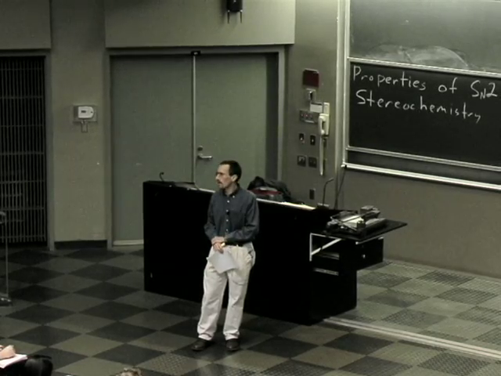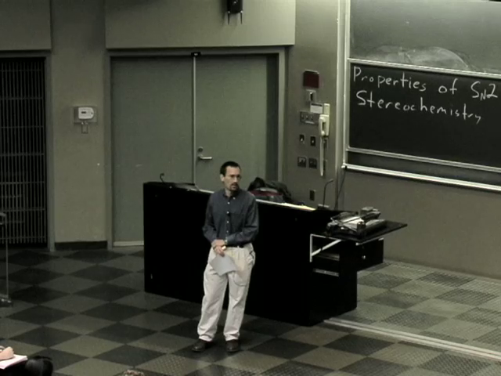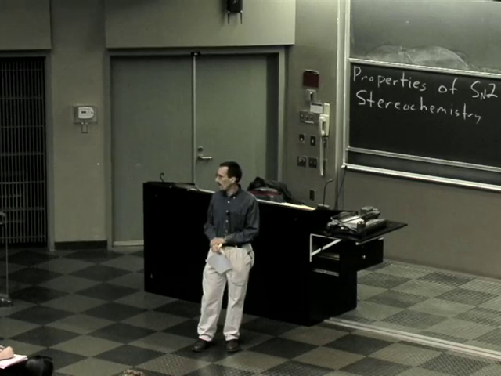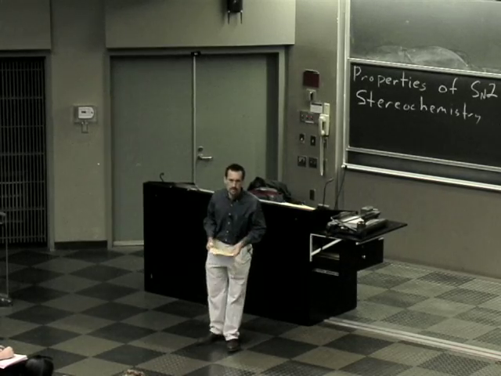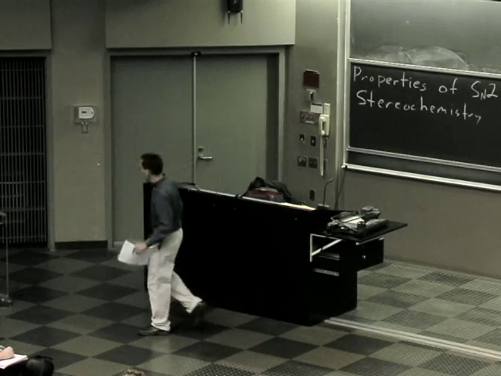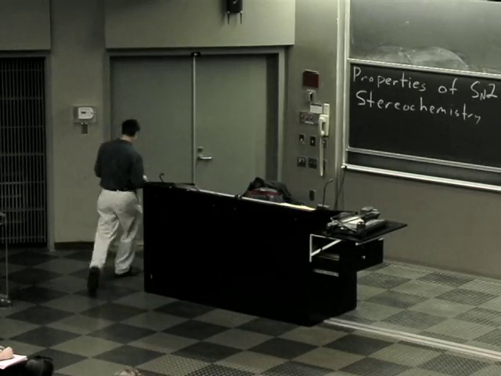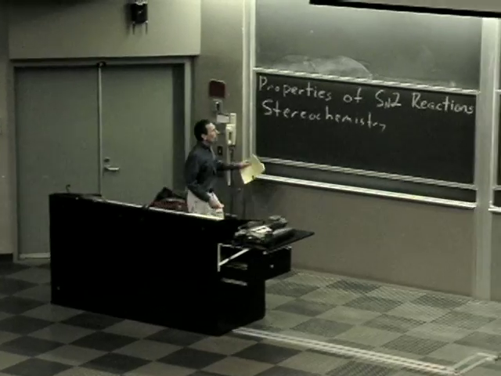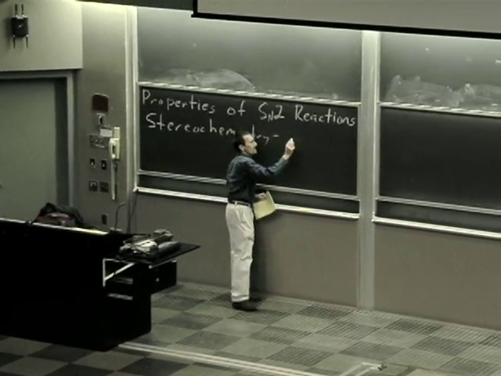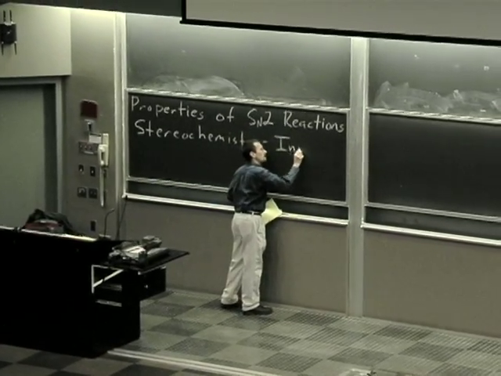And I thought back and realized, yeah, people do have a lot of trouble understanding and visualizing what the inversion of stereochemistry is. So we're going to take our time and use a few pictures on this. All right. So we get inversion of stereochemistry at the sp3 center.